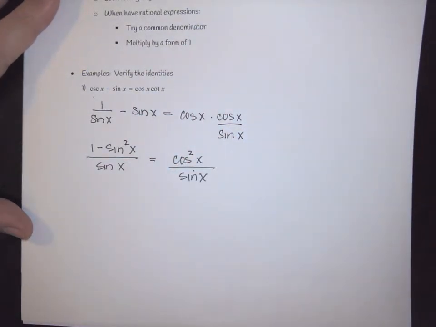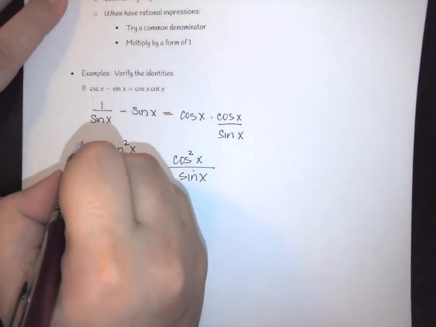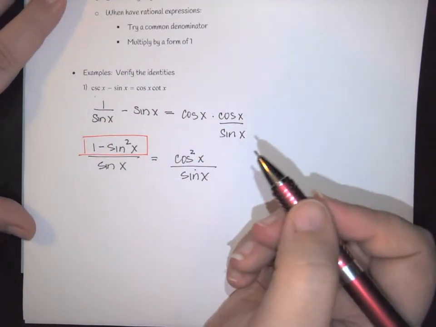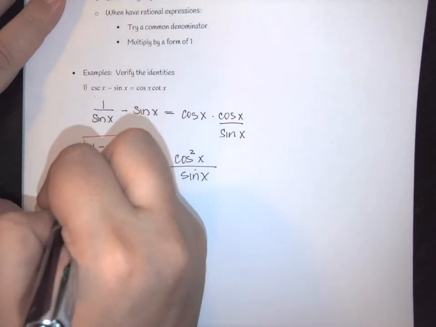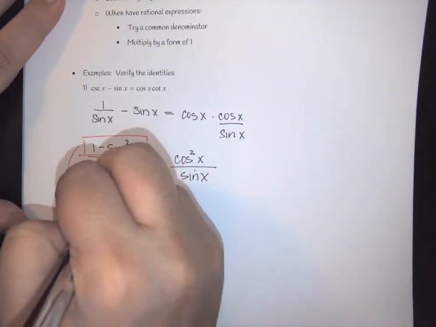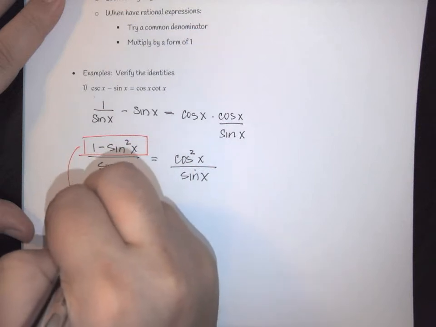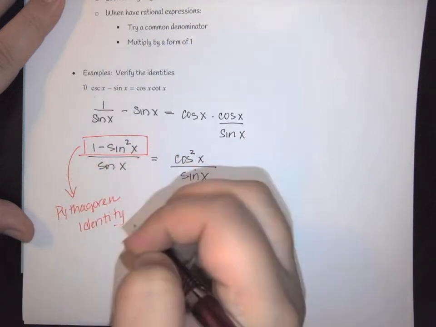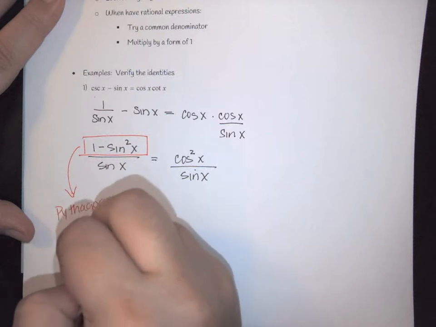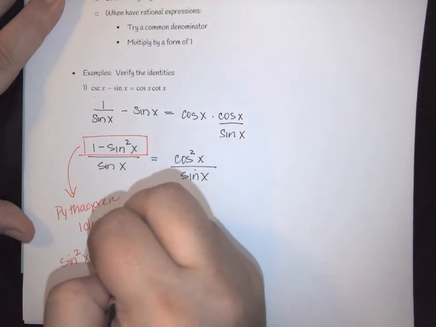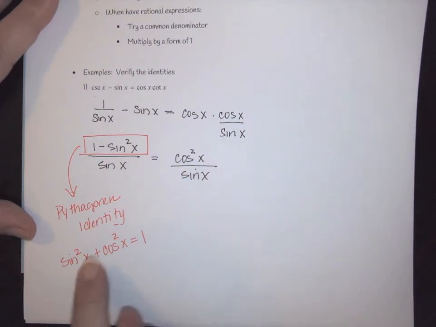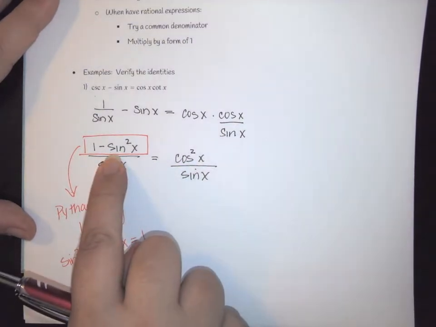Now, if you notice, this top piece looks very similar to one of the Pythagorean identities, which remember was sine squared of x plus cosine squared of x equals 1. If I subtract sine squared from both sides, is that not what I have?